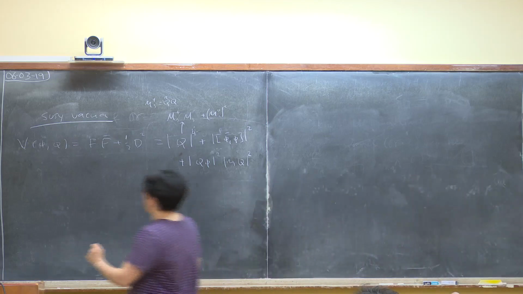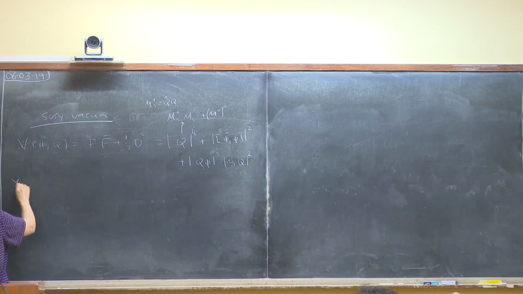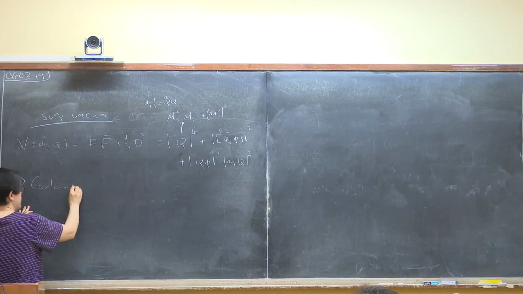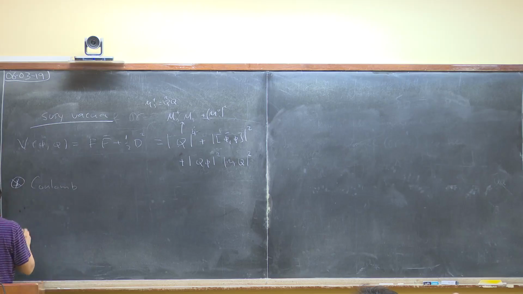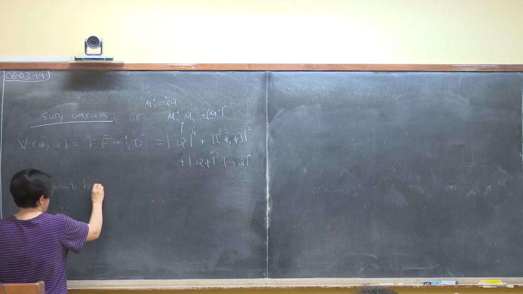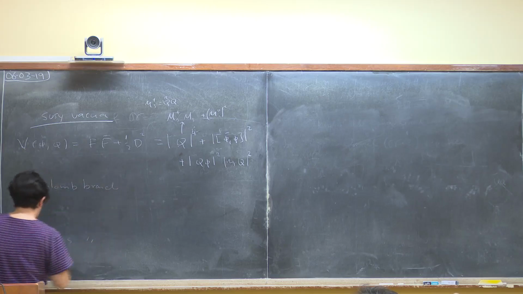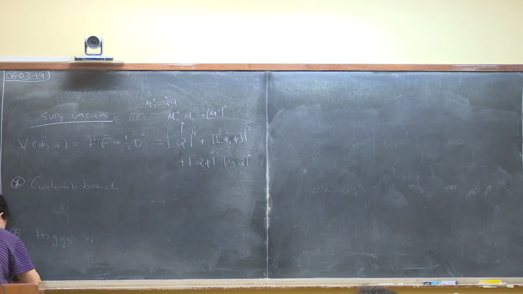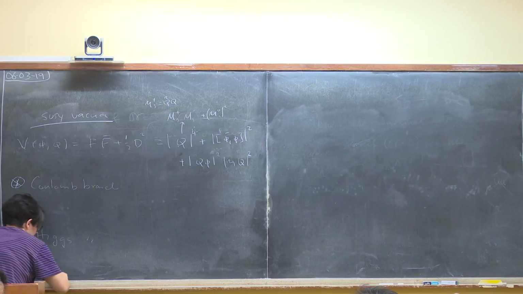Okay, here is something very simple I want to say. There is the Coulomb and the Higgs branch. Of course there are mixed branches maybe, but we will completely ignore them.